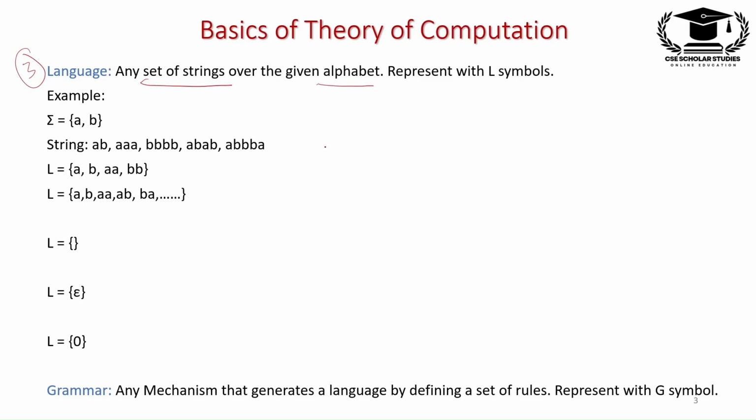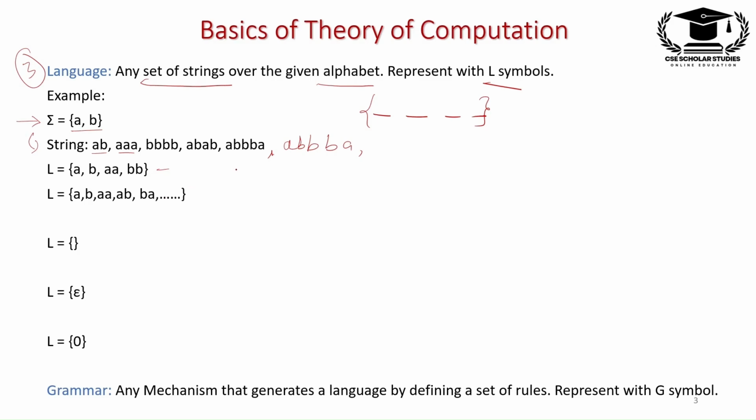Means if we show the strings in a set, that is a language, and it is represented with the symbol L. Suppose the given alphabet is A, B and the corresponding strings are A, B, B, B, A. So the language is A, B, A, B, B. A set of strings is called a language.